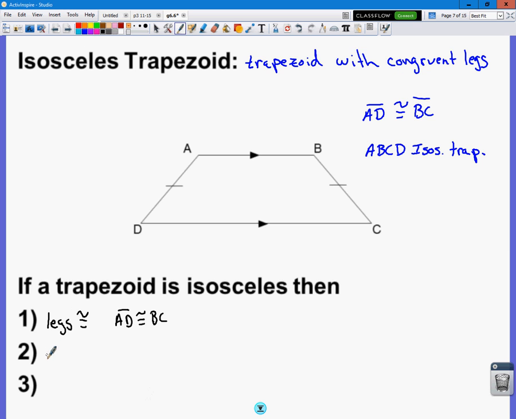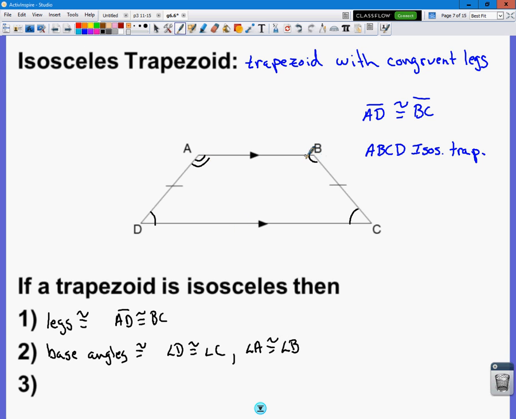If it is an isosceles trapezoid, base angles will be congruent. Angle D will be congruent to angle C, and angle A will be congruent to angle B.